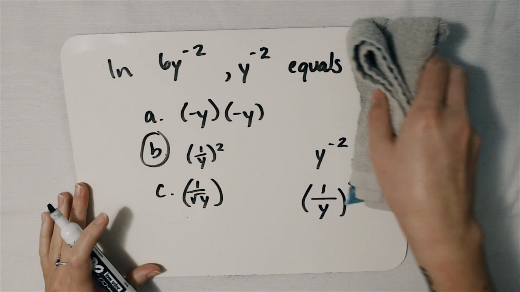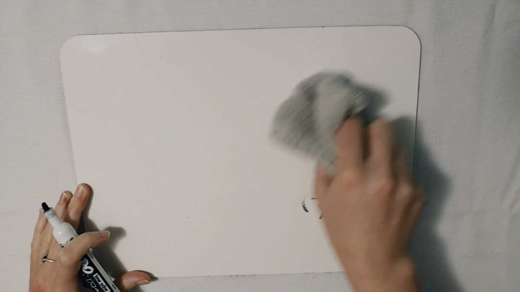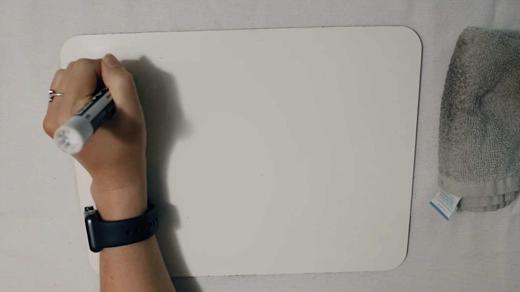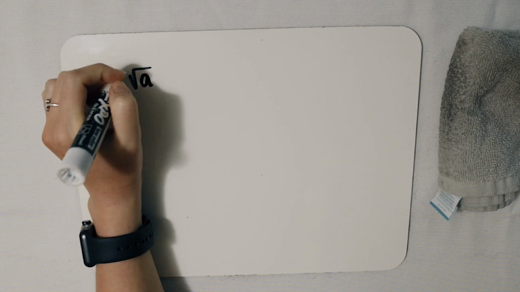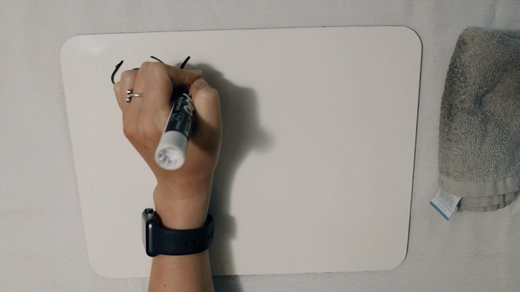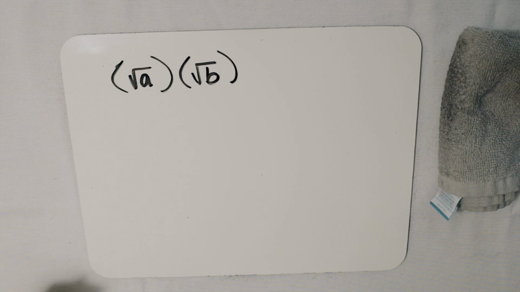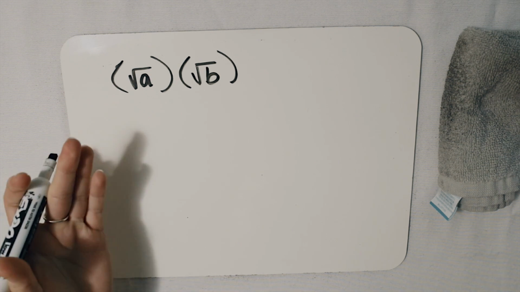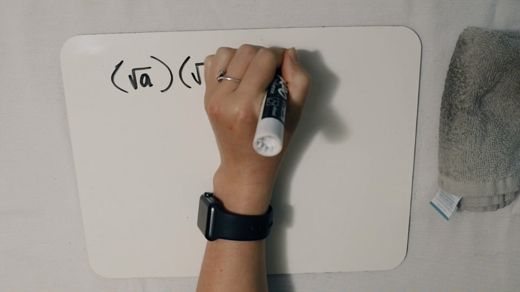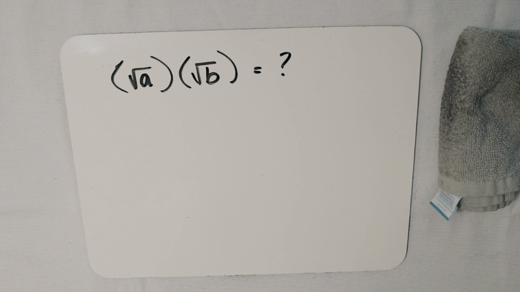Okay, so let's look at number 3. It says the square root of a times the square root of b, where a and b are both positive, what would this equal? We're multiplying 2 square roots.